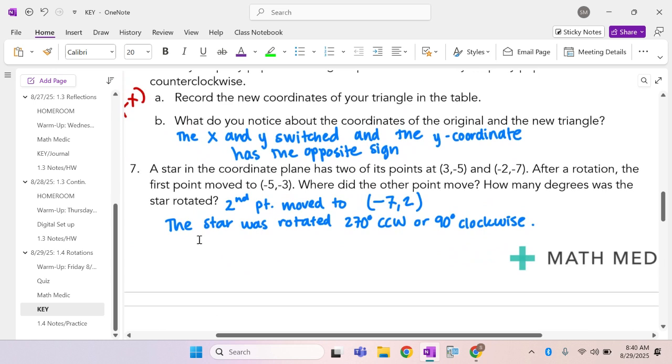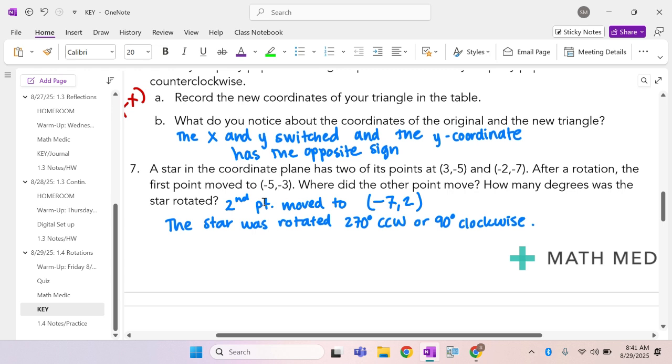Now, for number 7, all it asks is if a star in the coordinate plane has two of its points at 3, -5, and -2, -7. After rotation, the first point moved to -5, -3. So where did the other point move and how many degrees did it rotate? If we look at the first point, 3, -5, they switched y and x, and then what sign got changed?